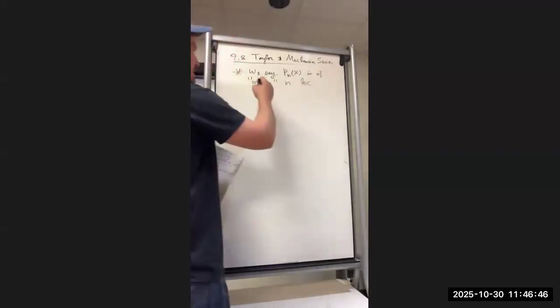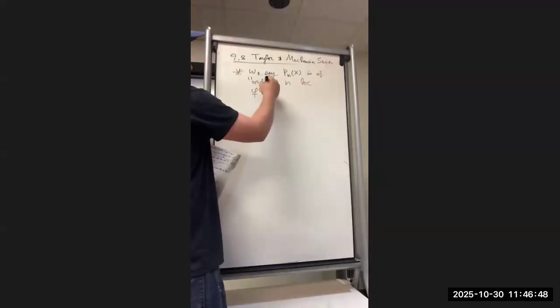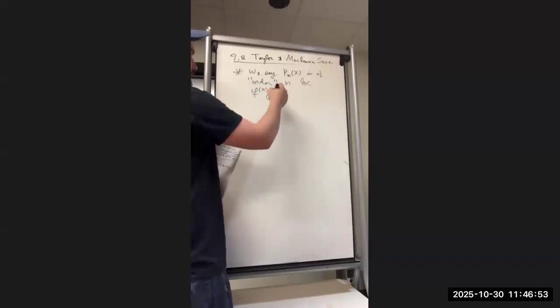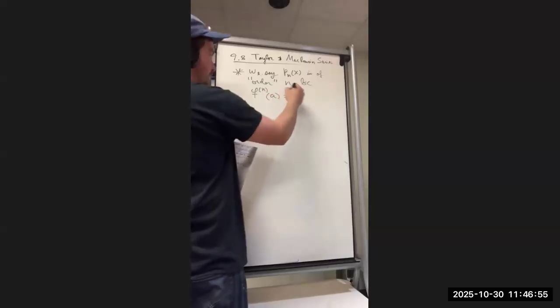So it is totally possible that the nth derivative of the function that we're approximating, evaluated at the center, will be 0.